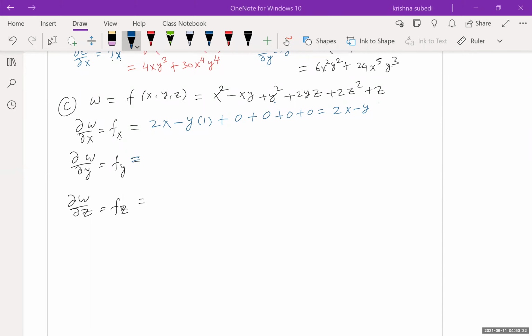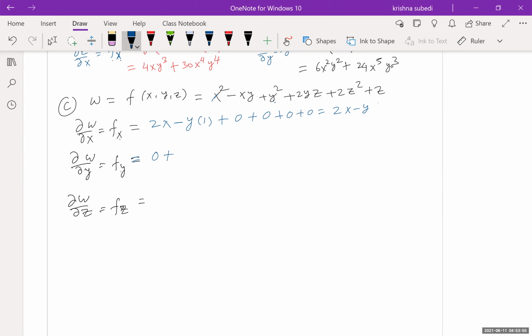Thank you guys. You already provided the answer for both of these in the chat box. I'm just going to copy it. But anyway, let me show how to do it again if you still have questions or confusion. Now in this case, f sub y means we treat y as a variable and x and z as constants. So the first term is x squared. With respect to y, it is constant, so you'll get 0.